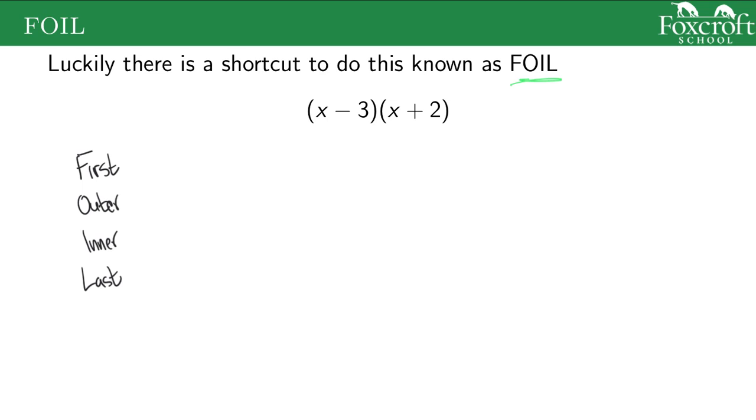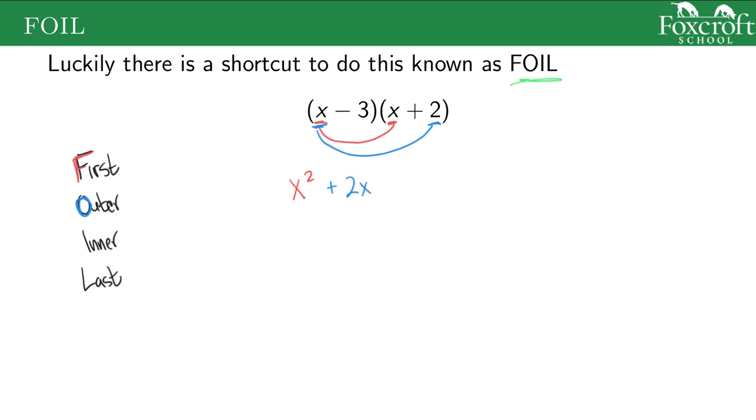All right, so we're going to multiply these pairs of things together and end up giving me all the stuff that I need. It's the exact same example we just looked at, but now I'm going to do it with FOIL. So our F, we're going to multiply the first terms in each pair. X times X is x squared. Now we're going to do the outer terms of the whole expression. The outer terms are there and there. 2 times x is positive 2x.